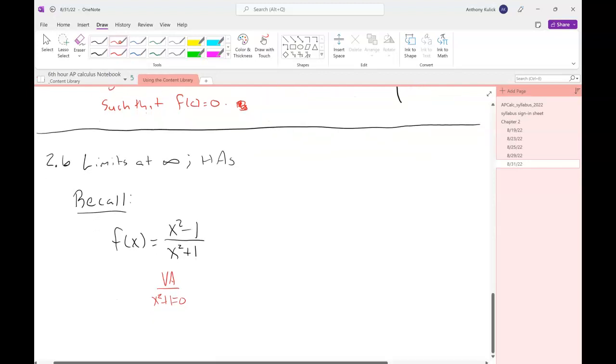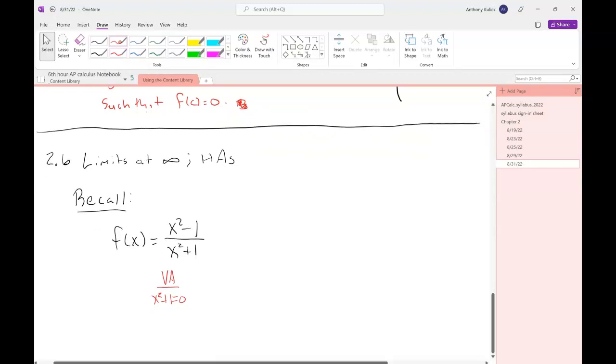Are there other asymptotes here? There possibly are a horizontal asymptote or even an oblique, a slant asymptote, right? Do you remember what we need to look at to find those? The degree of the numerator and the degree of the denominator. That's correct. In this case, they are equal.